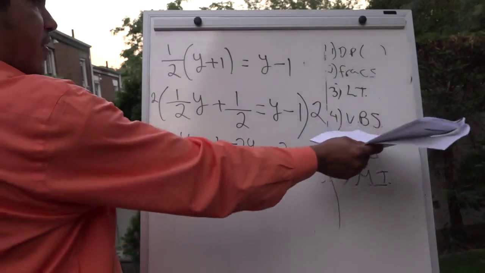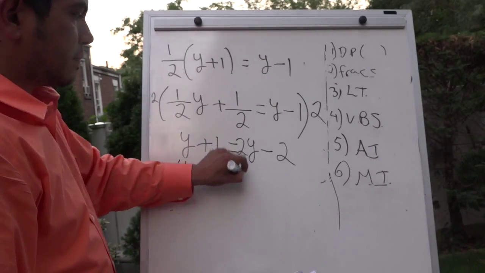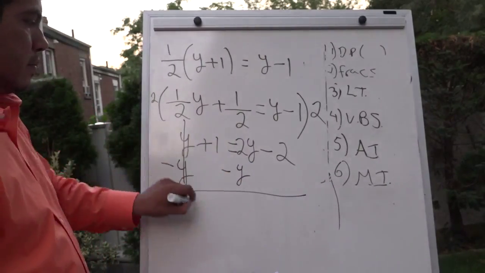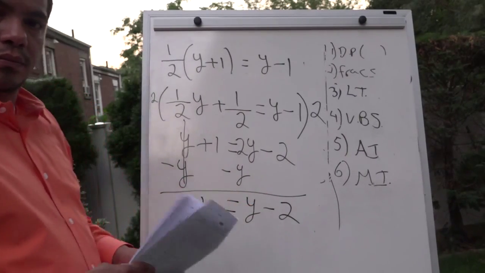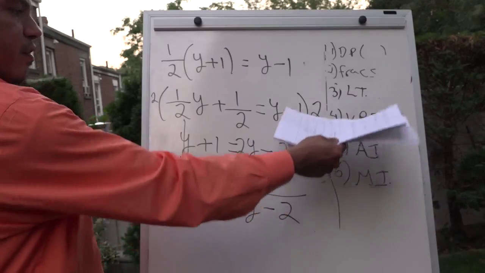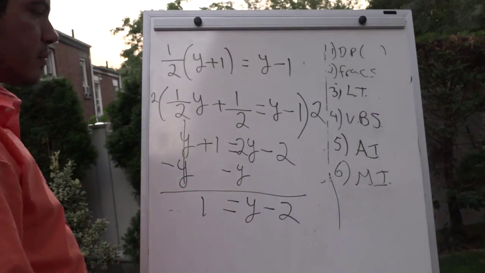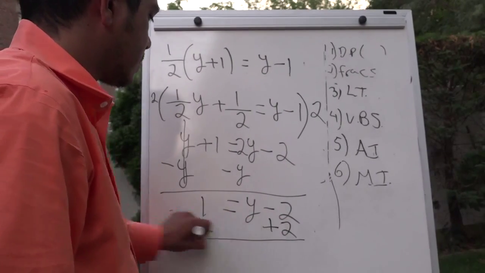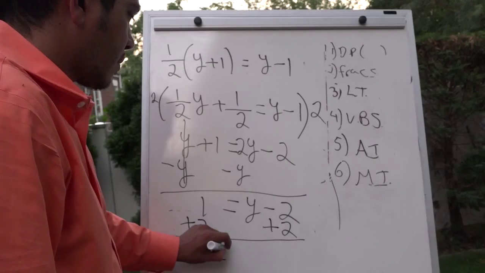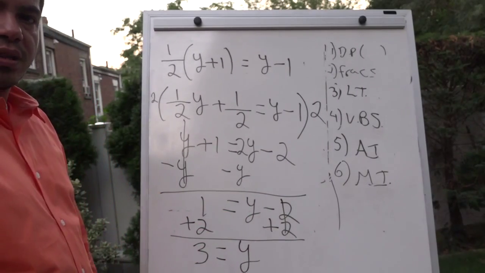Variables on both sides? Yes. Get rid of the lesser one. Additive inverse? Yes. Y equals 3.